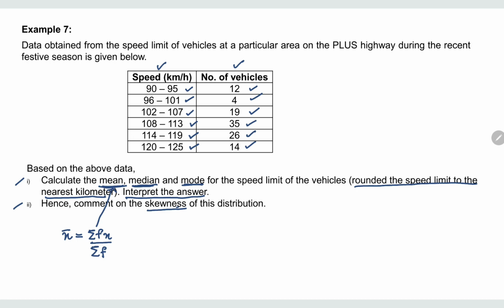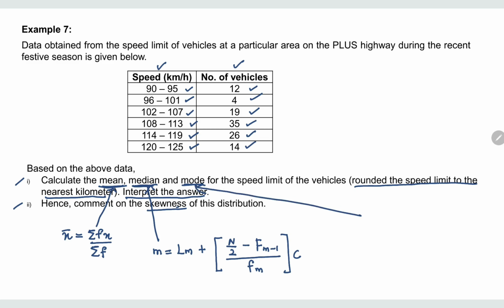And the formula for the median is m equal to Lm plus, in the bracket, n divided by 2 minus F m minus 1, over fm, times c. And the last one, let's recall the formula for the mode, which is M equal to Lm plus, in the bracket, d1 divided by d1 plus d2, times c.